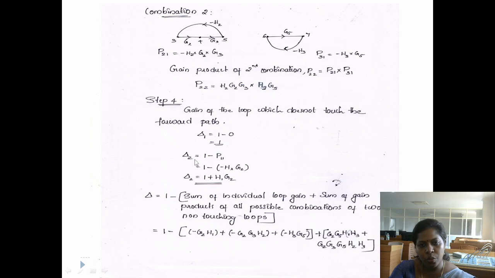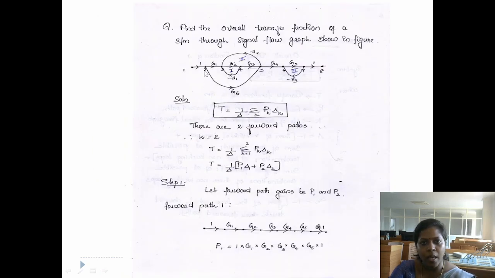And for delta 2, the formula is 1 minus the gain of the loops which do not touch forward path 2. This is our forward path 2, which starts from node 1, 2, then 5, 6, 7, 8. Loop 1 does not touch forward path 2, and loop 2 touches forward path 2 in node 5.